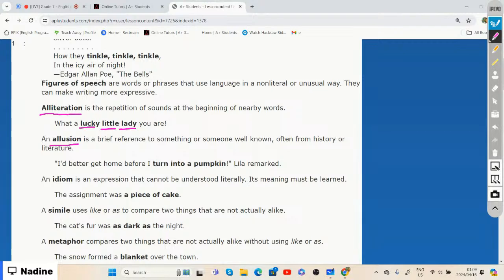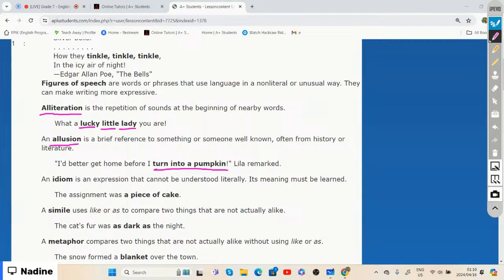And an example is: I'd better get home before I turn into a pumpkin, Leela remarked. If we look at this expression, before I turn into a pumpkin, it is related to those storybooks of many years ago.